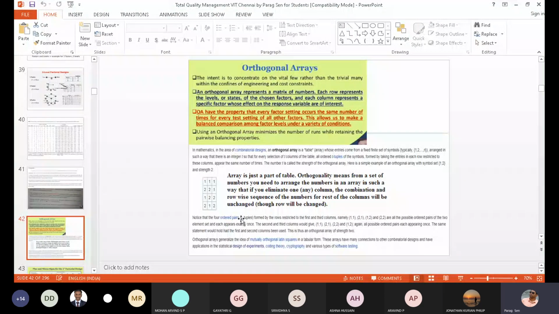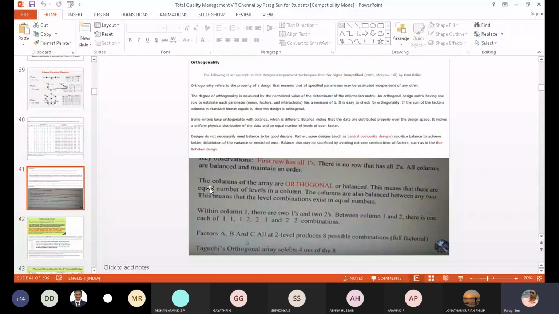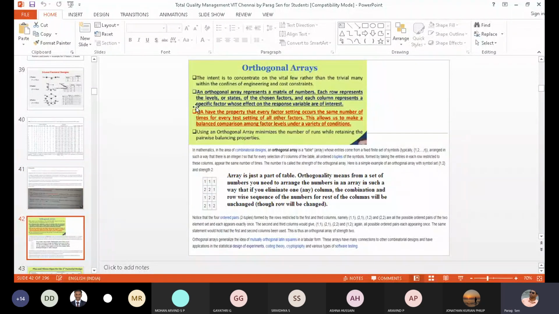First, let's take a look at the definition of orthogonality and orthogonal array. So let's look at here. An orthogonal array represents a matrix of numbers. Each row represents the levels or states of the chosen factors, and each column represents a specific factor whose effect on the response variable is of interest.